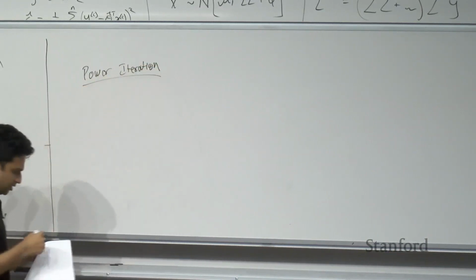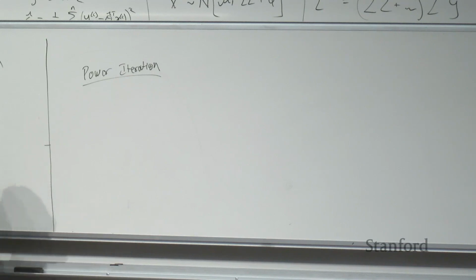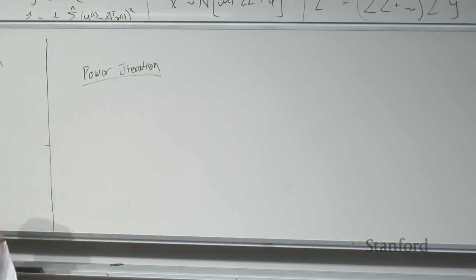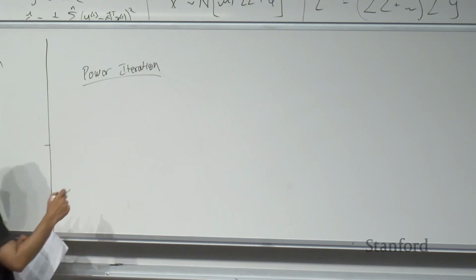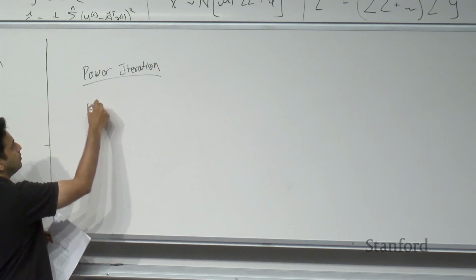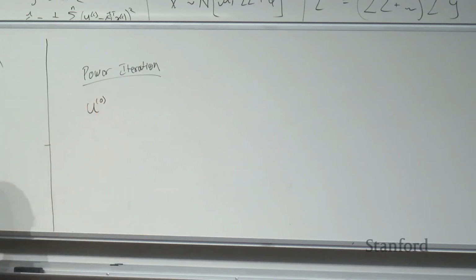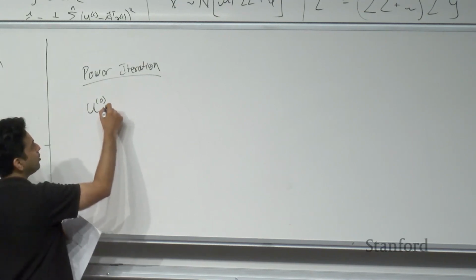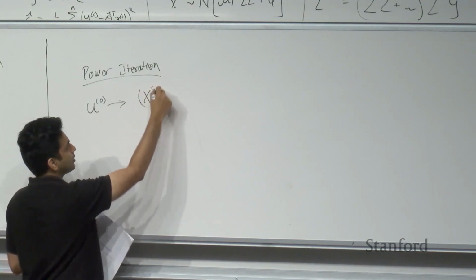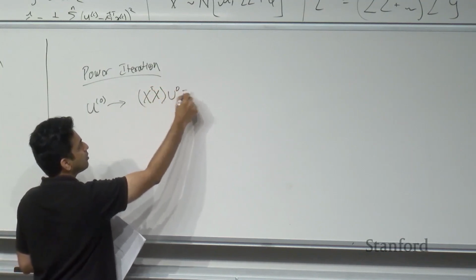Power iteration is one of the commonly used techniques to perform eigen decomposition on large matrices. Again, this is not something you're going to be tested on, but the idea is to start with some randomly initialized U0, anything that's non-zero, and from U0 calculate X transpose X times U0.